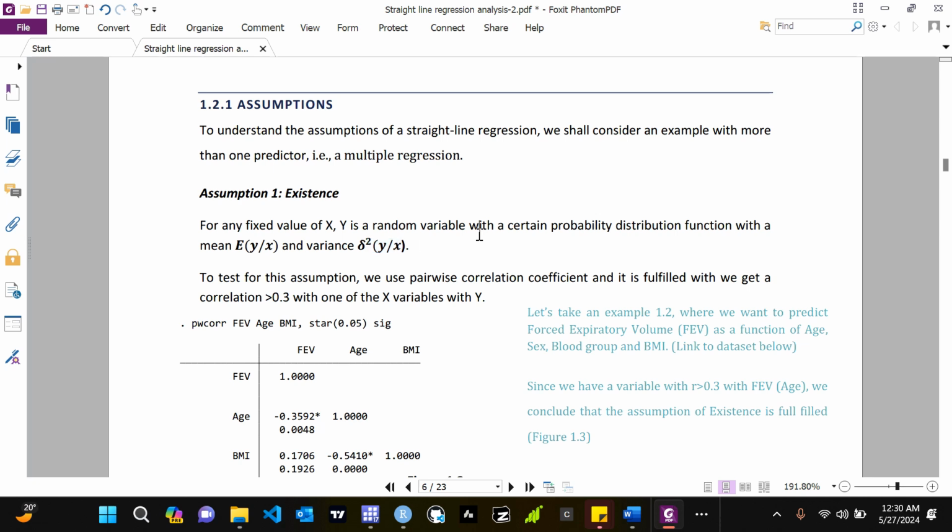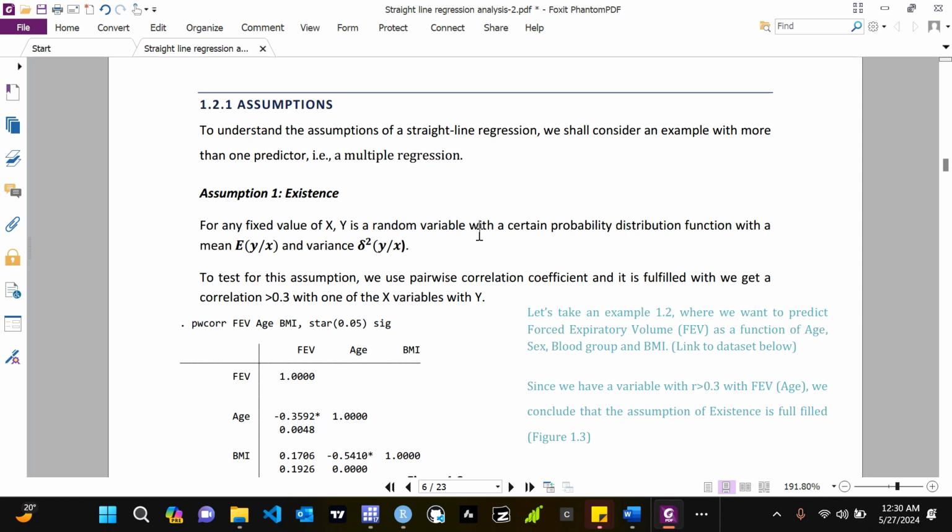So first of all, we want to establish a relationship between the dependent variable and the independent variable. Is that relationship there? So let's first establish the relationship by using something simple like a correlation coefficient.